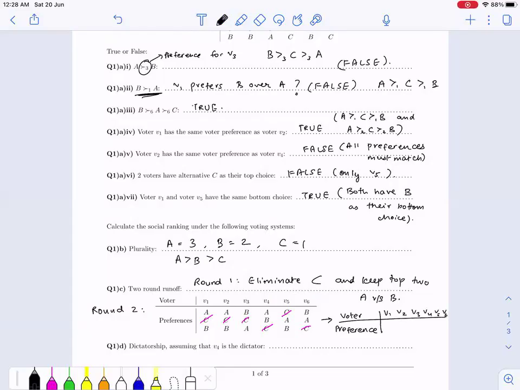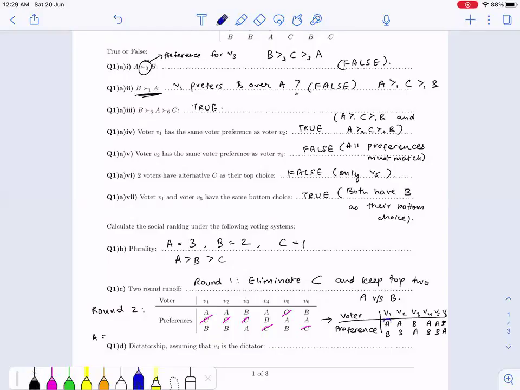So ignoring C, voter 1 prefers A over B, voter 2 prefers A over B, voter 3 prefers B over A, voter 4 prefers A over B, voter 5 prefers A over B, and voter 6 prefers B over A. Again, clearly, A gets more votes.